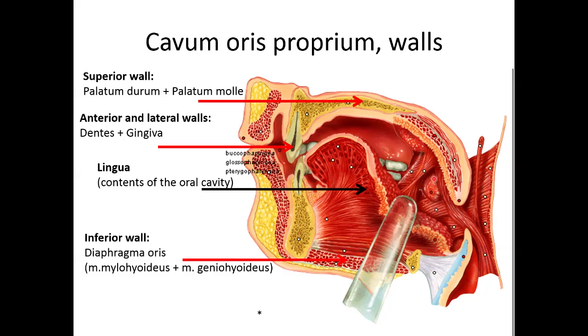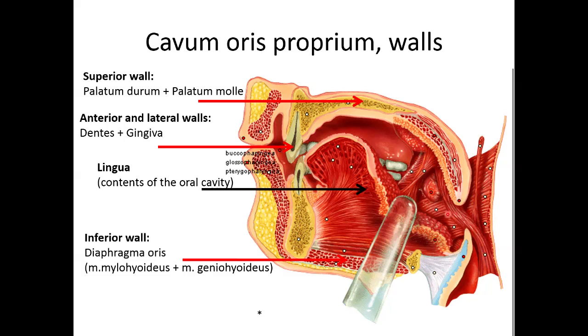From posteriorly we can find palatum molle, and then the opening, the orifice which connects the cavum oris proprium and next part of alimentary canal, that means pharynx.